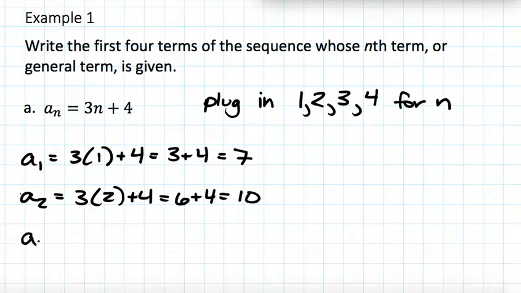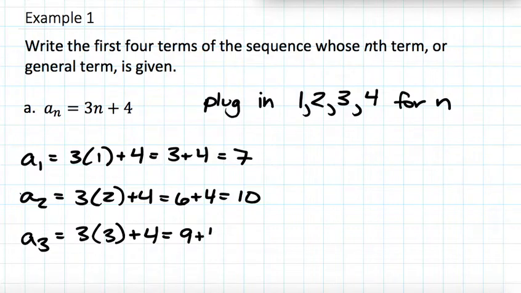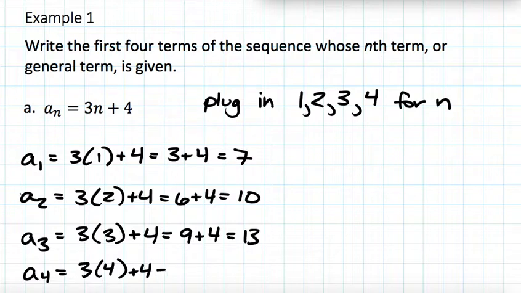For A sub 3, I would plug in 3 for n. 9 plus 4 is 13. And for A sub 4, I would plug in 4 for n. And that's 12 plus 4, which is 16.